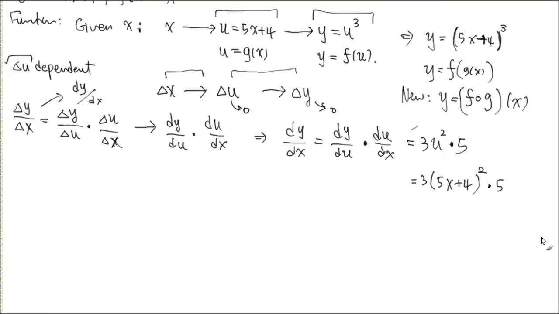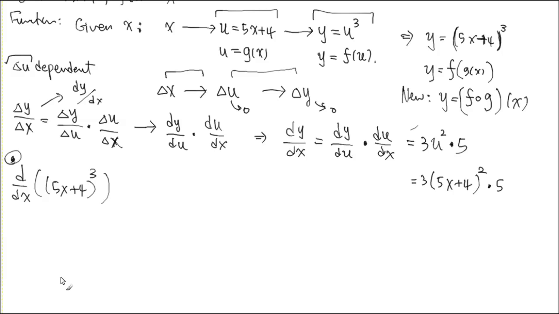So let's write it down. d/dx. What was the function? 5x plus 4 raised to the third power, right? We looked at this expression and no direct derivative rules applied at this stage. Product rule, quotient rule, none of the basic rules. So I'm going to decompose it.